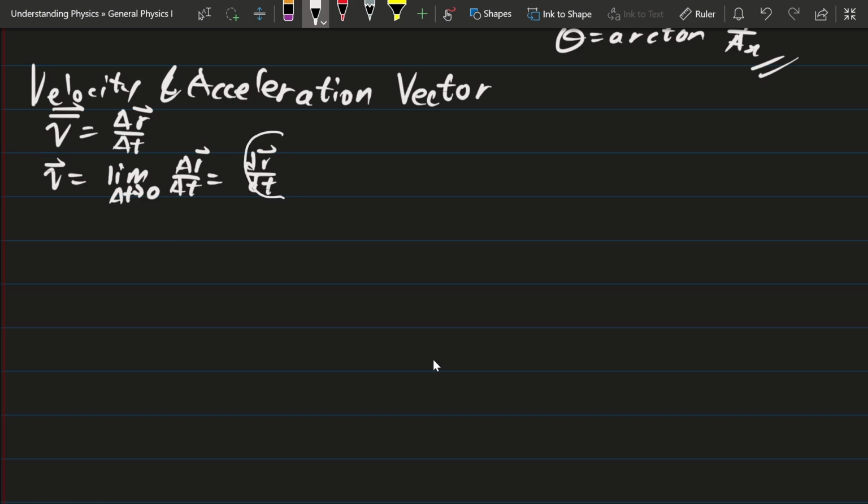And this is the definition of velocity, which is the same thing as what we got from the previous chapter.